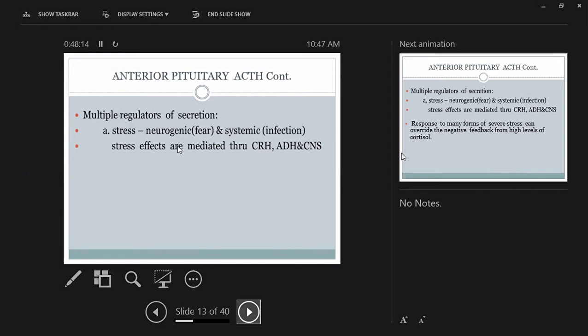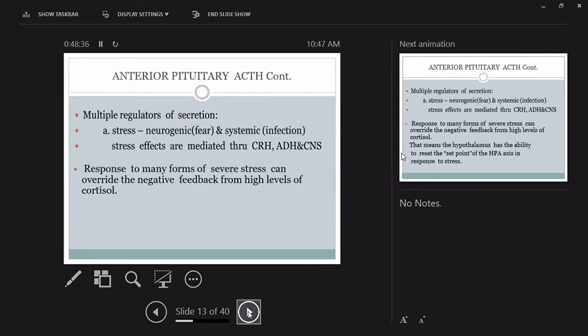Neurogenic fear can increase the secretion of your cortisol, and systemic infection can also increase it. And a response to many forms of severe stress can override the negative feedback from high levels of cortisol.